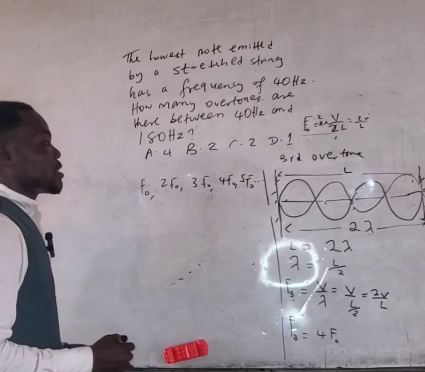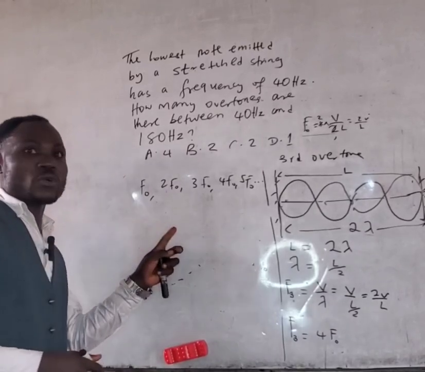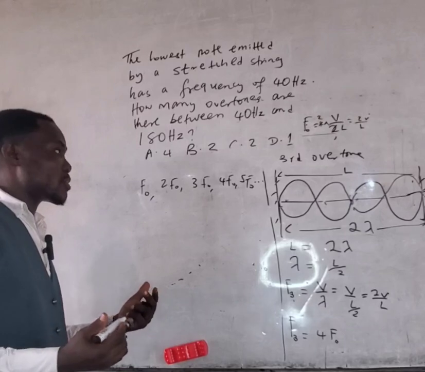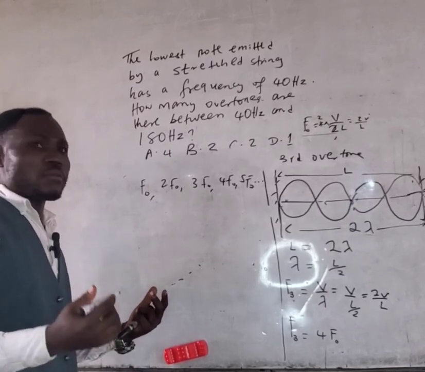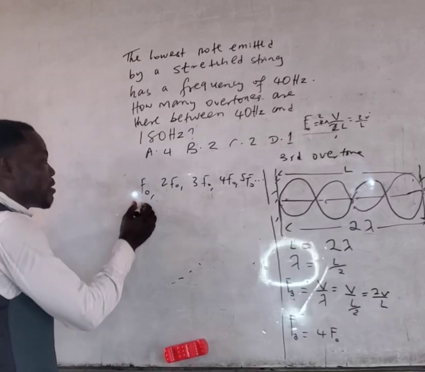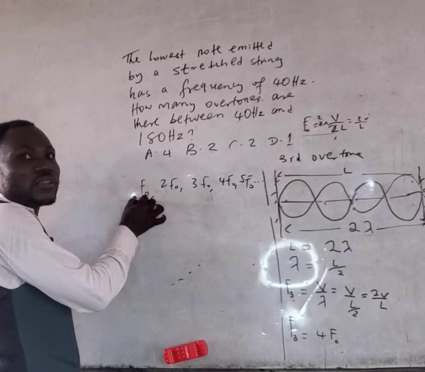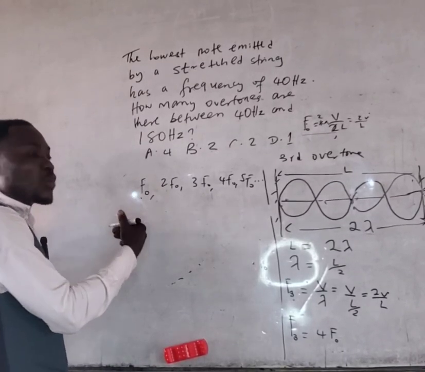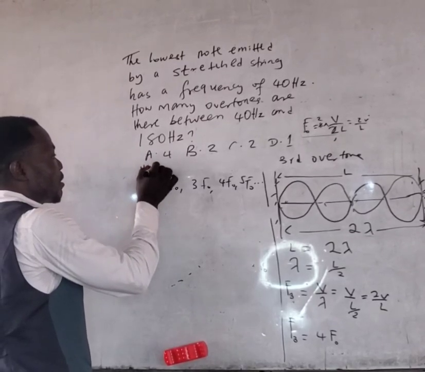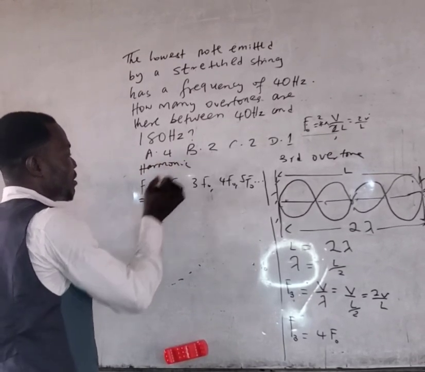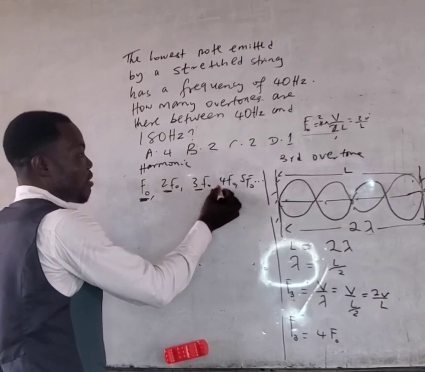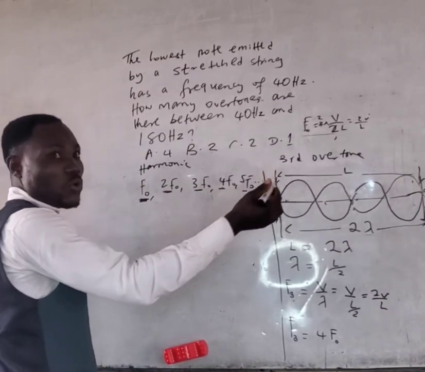So please, this can also be referred to as what? Harmonics. Harmonics are also integral multiples of the fundamental frequency. But the difference between harmonics and overtones is that harmonics start from the lowest frequency. So this is the first harmonic, second harmonic, third harmonic, fourth harmonic, fifth harmonic, and so on.